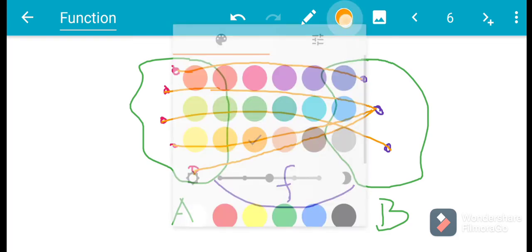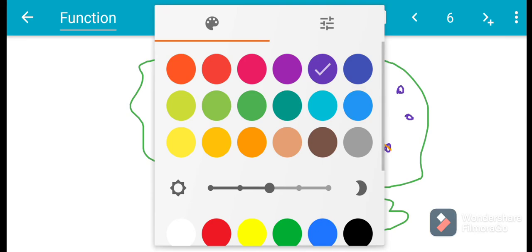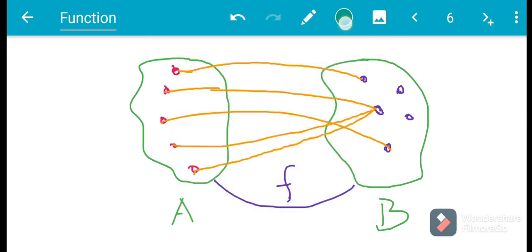It may happen that there are some points in the codomain which are left out, and it is okay, we can leave a few points in the codomain, but you cannot leave any point from the domain. Plus a single point cannot map to two different points of the codomain. So this is okay. Now the important part is not this one, it is already explained in the last slide. So better to change the color.